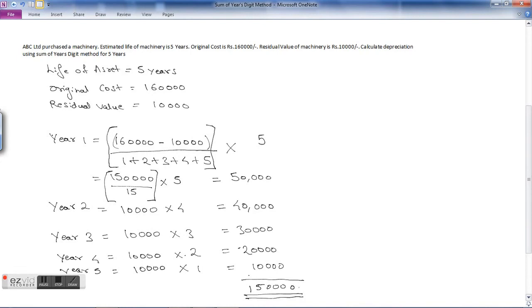Okay, so this is the sum of years digit method. Now the accounting treatment for depreciation will be the same as we had seen in our previous video for the straight line method. You can refer to that video for the accounting treatment of depreciation. This is a method of calculating the depreciation.